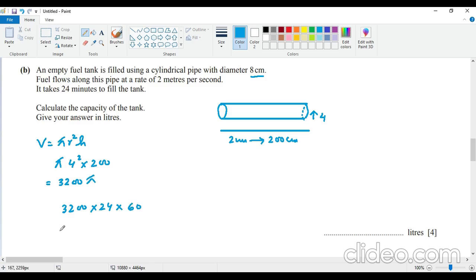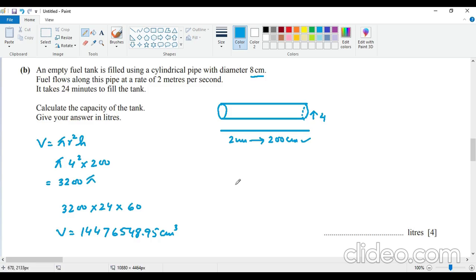So volume of water in 24 minutes is going to be 3200 times 24 times 60, which gives us a big number in the calculator, 14476548.95 cubic centimeter. This was the reason why I converted this into centimeters.